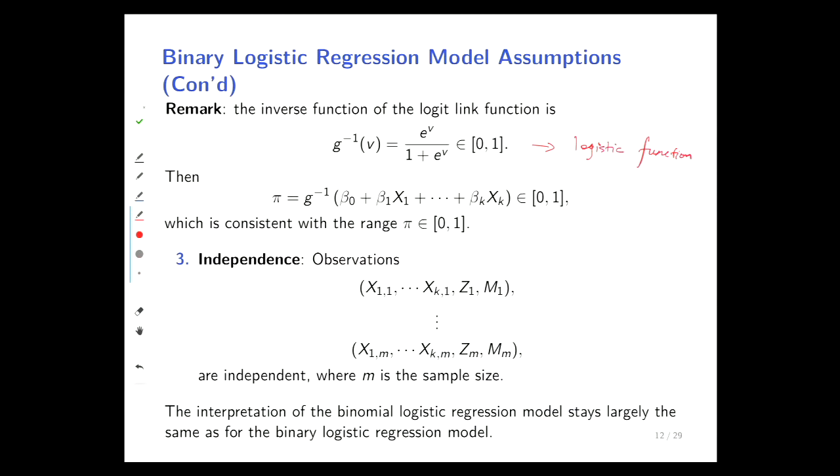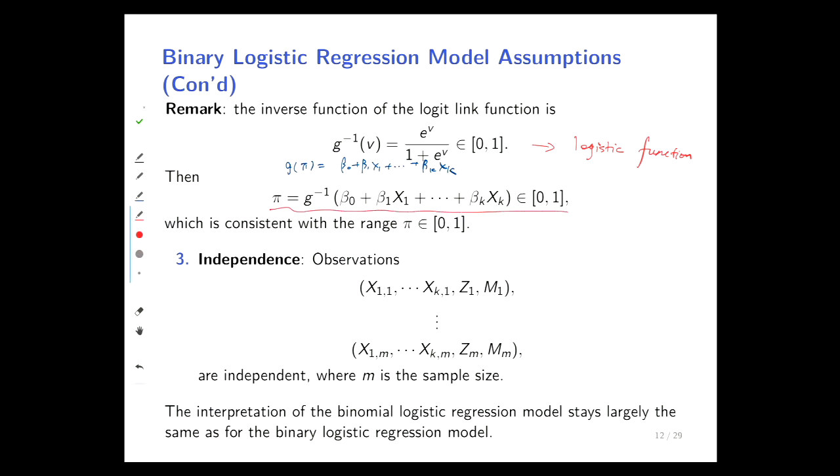This function is in the range 0 to 1. Because we have g of pi equals beta 0 plus beta 1 x1 and so on plus beta k xk, pi just equals g inverse of that.